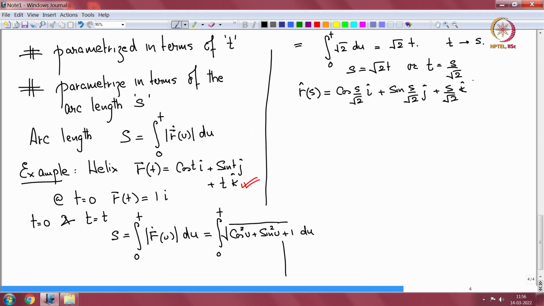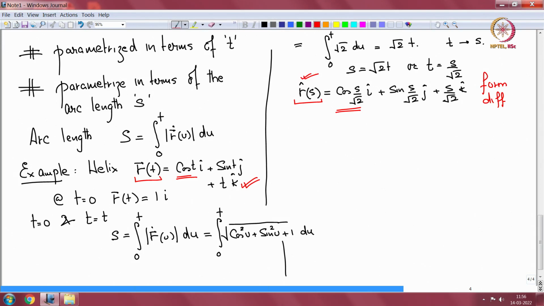Okay. The reason I put this extra hat on it is because the expression itself is different, and I put s instead of t. Here I have cos t, here I have cos s by root 2. The form has changed, and so I put a hat on it.